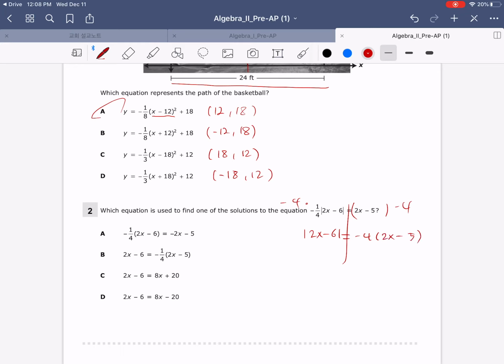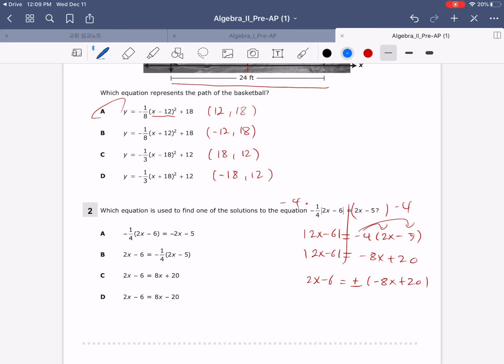Okay, and if you actually distribute this, it's going to be the absolute value of 2x minus 6 is equal to negative 8x plus 20. So now you can get rid of this absolute value sign, which gives you 2x minus 6 is equal to plus or minus (negative 8x plus 20).